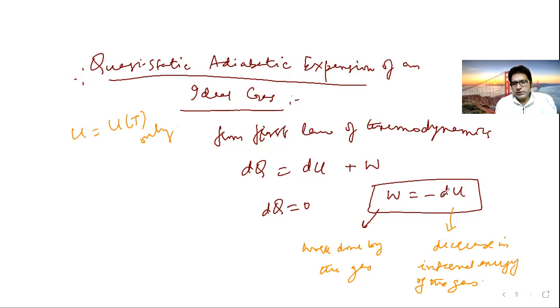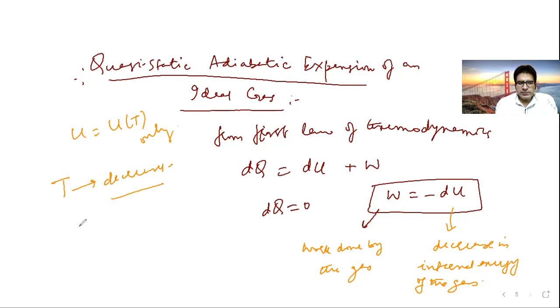That means if its internal energy decreases, its temperature decreases. So this is important, that during an adiabatic expansion of an ideal gas, T decreases, right? During isothermal expansion, temperature stays constant, but during adiabatic expansion of an ideal gas, its temperature decreases.